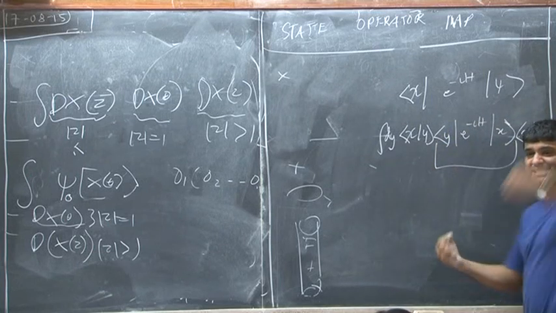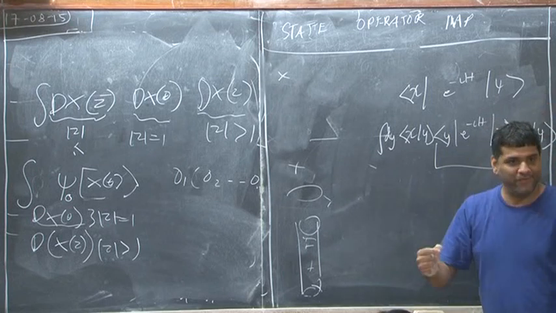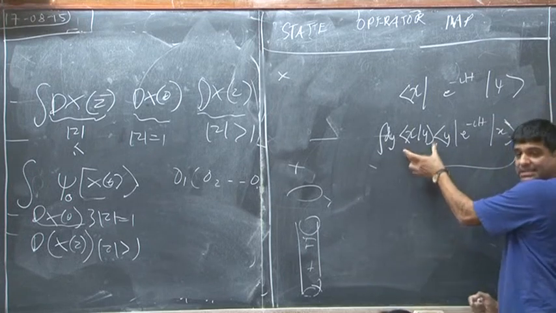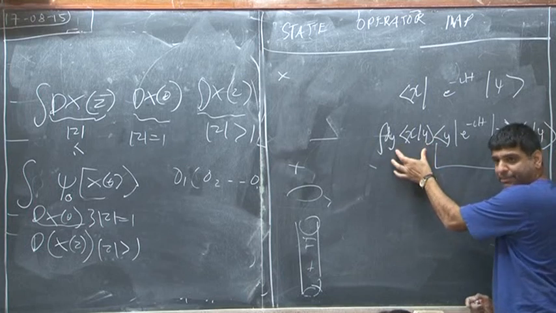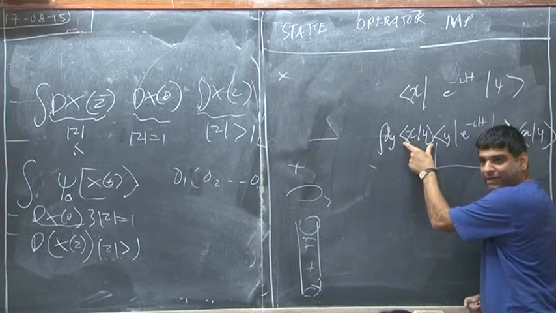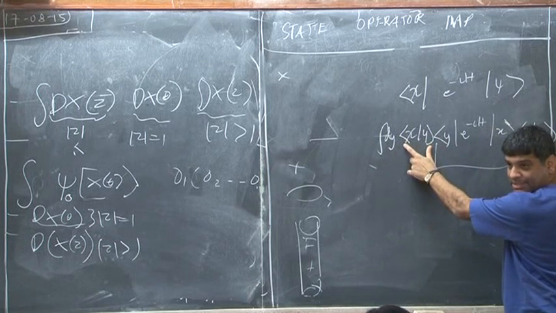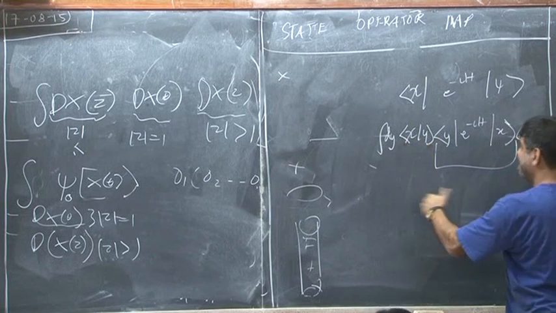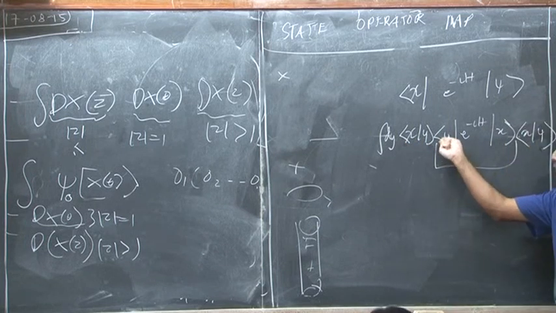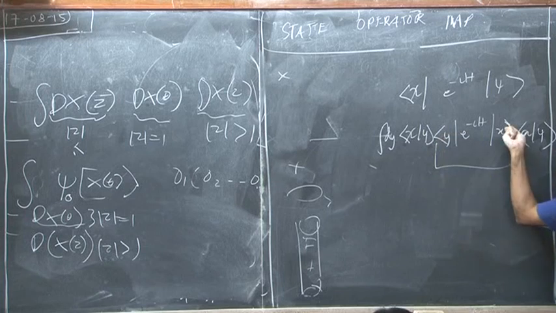Then this thing is the standard path integral from x to y. But that answer is convoluted, multiplied by the wave function of the final state and the wave function of the initial state. And then you also do the integral over y and x.